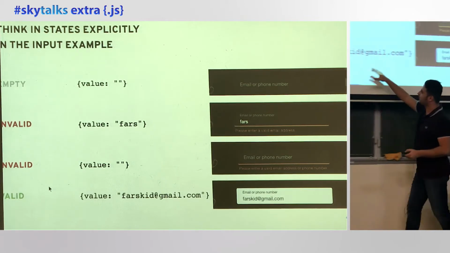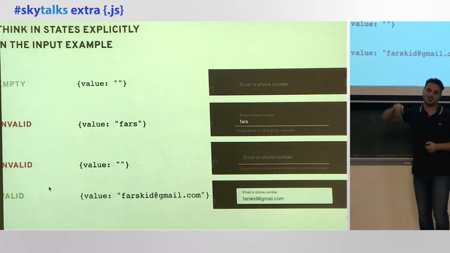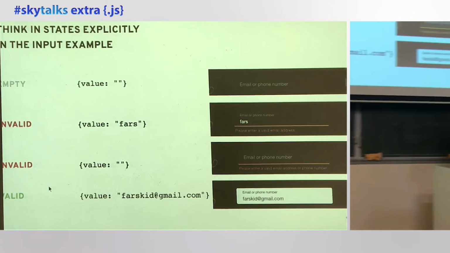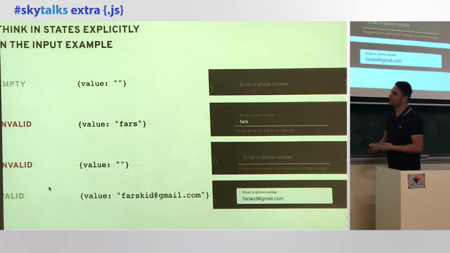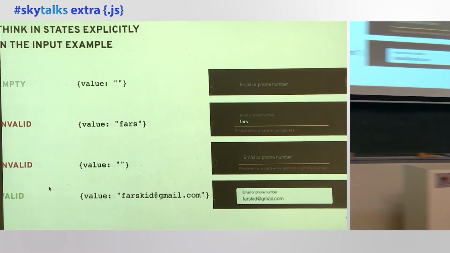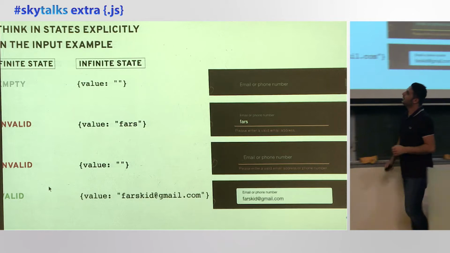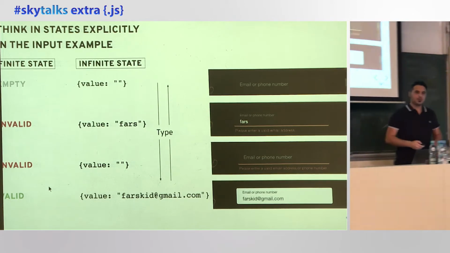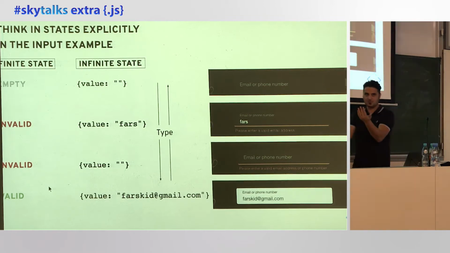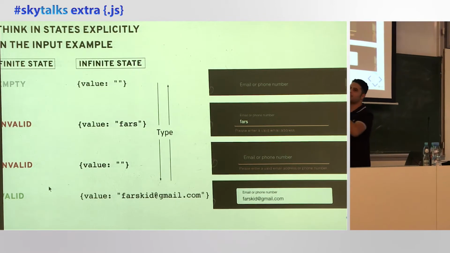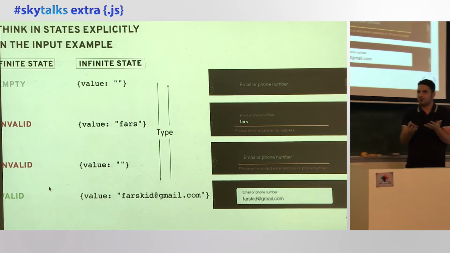We of course have to track the value of the input, and that's what we call the infinite state, but it's better for us to model it with a finite state, and you can see the benefit later on. And in order for this text to be able to pop up and pop out, it needs to be live, right?